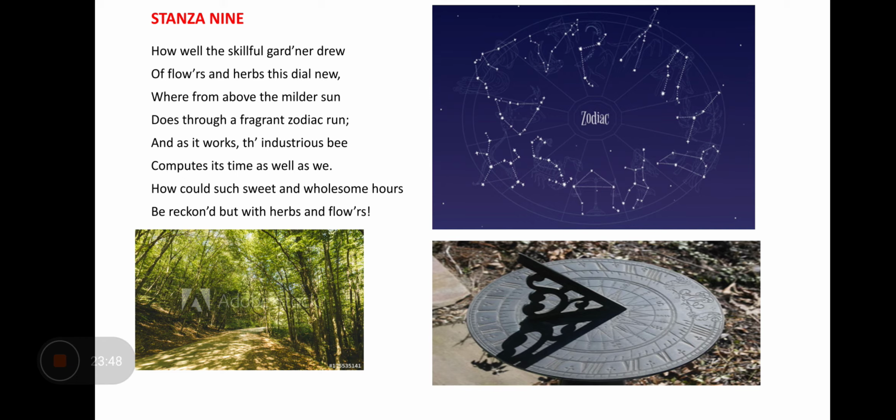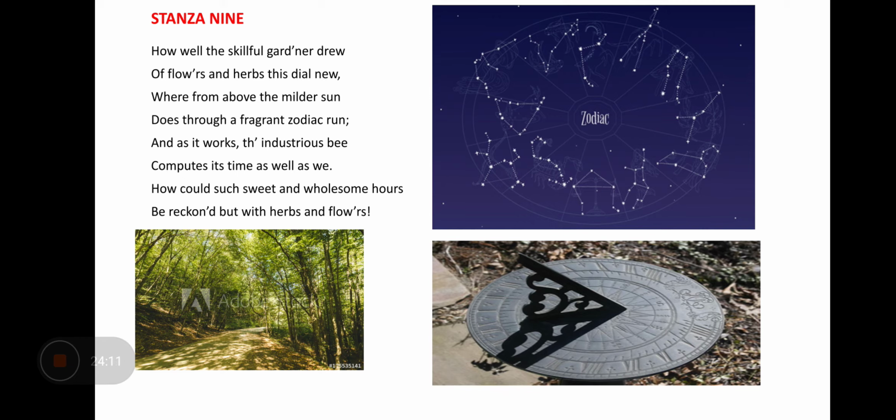See, here we find many references to the zodiac and then the sundial. You can see that in the picture, and when the sun rays pass through the trees, the shadow of the leaves is there on the ground. That reference is also given.